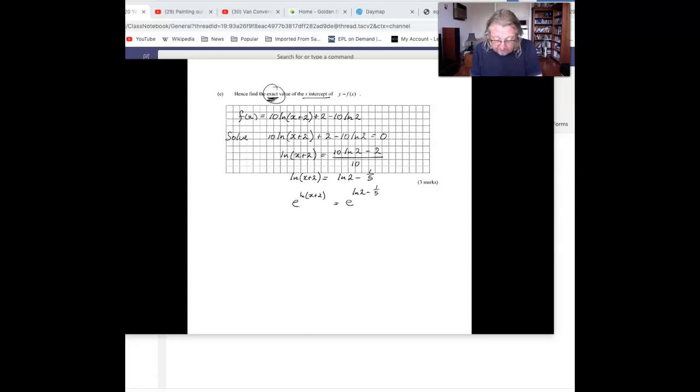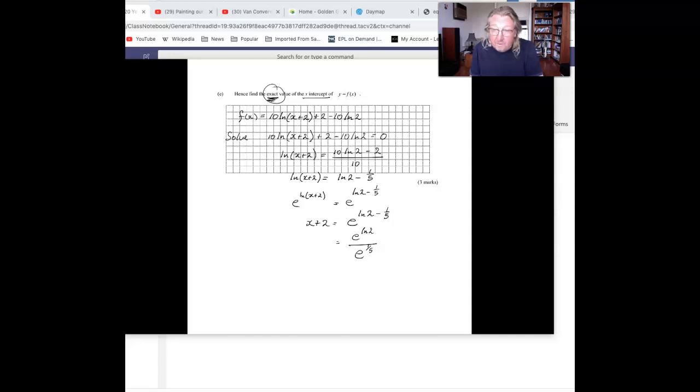So we get x plus 2 is equal to e to the power of (log 2 minus 1 over 5). Now, this is e to the log 2 over e to the 1 over 5.